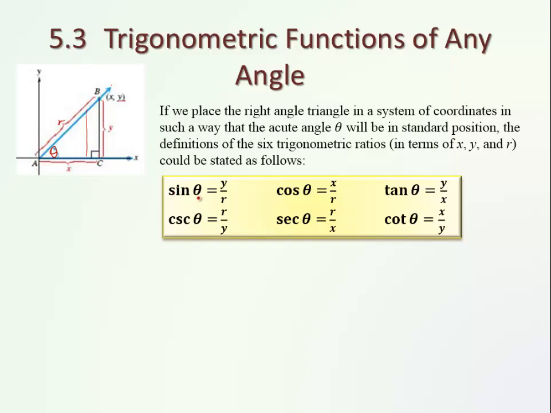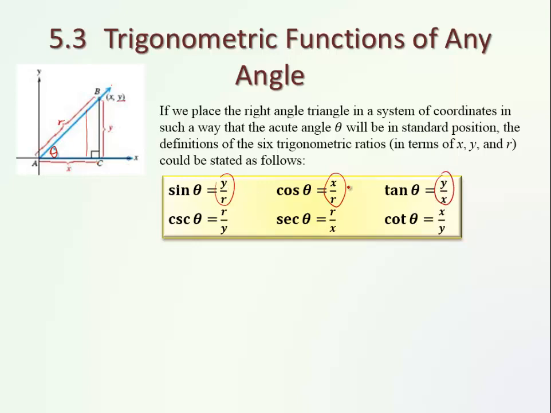So sine of theta is opposite over hypotenuse, therefore it's y over r, and we have it here, y over r. Cosine of theta will be defined as adjacent over hypotenuse, so it's x over r. Tangent of theta will be opposite over adjacent, so it's y over x.